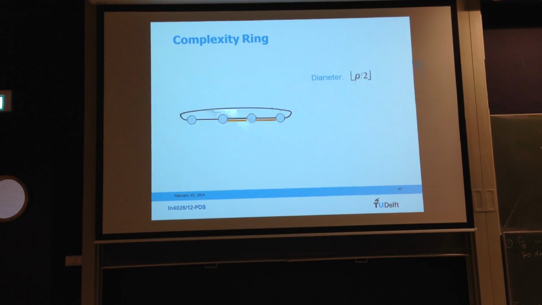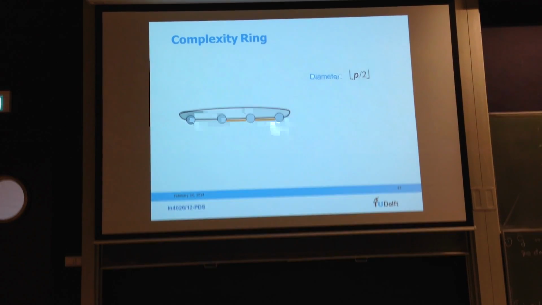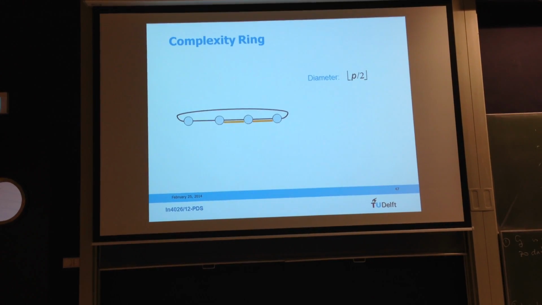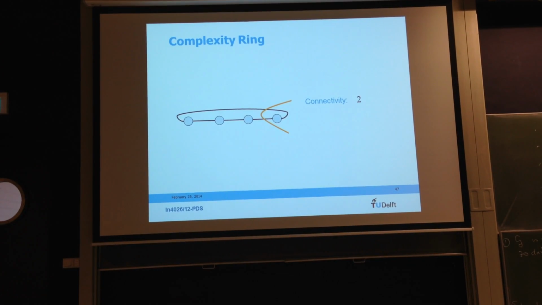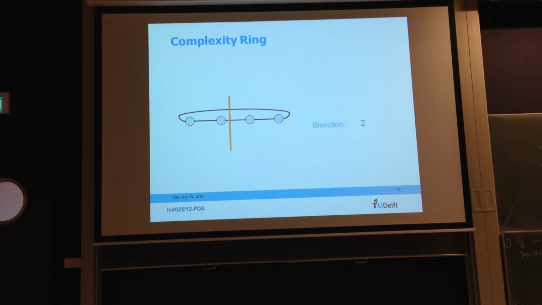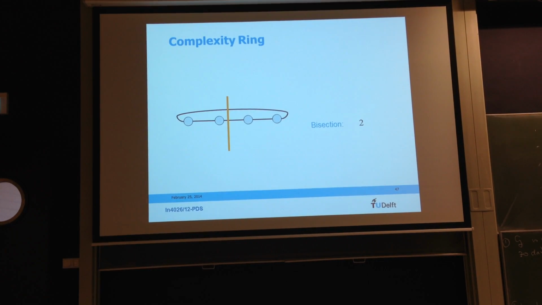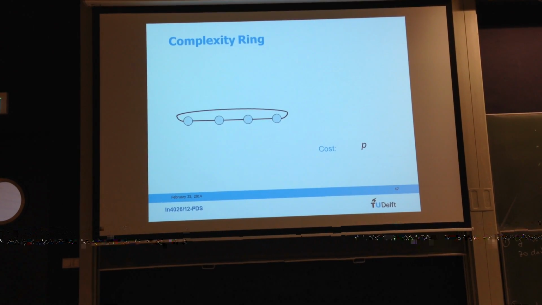Also here, the second one, the connectivity. What's the connectivity? 2. Yeah, that's easy. The bisection. 2. Also easy. links. So pretty easy, right? I don't ask you this. This is just in the middle. Very easy cases.